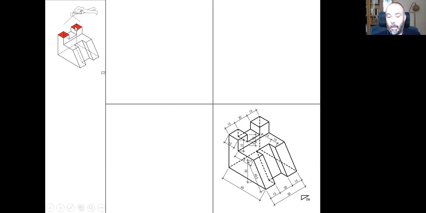These 2 red squares, 15 millimeter by 15 millimeter squares, are the closest ones to us. So I can just leave a 1 centimeter distance, so that the sides of the object will not be overlapping with the vertical and profile projection planes.